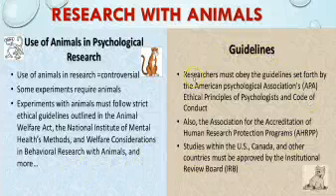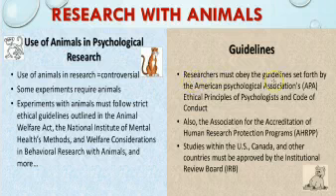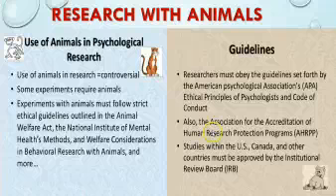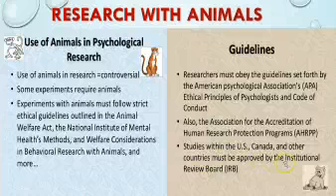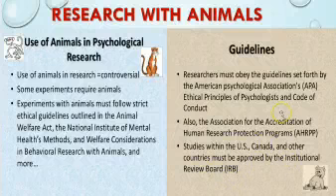The guidelines are the same with animals as with humans. They must obey the guidelines set forth by the American Psychological Association, the Ethical Principles of Psychologists and Code of Conduct, and also the Association for the Accreditation of Human Research Protection Programs. Studies within the US, Canada, and other countries must be approved by the Institutional Review Board, such as when you are conducting research with human subjects.